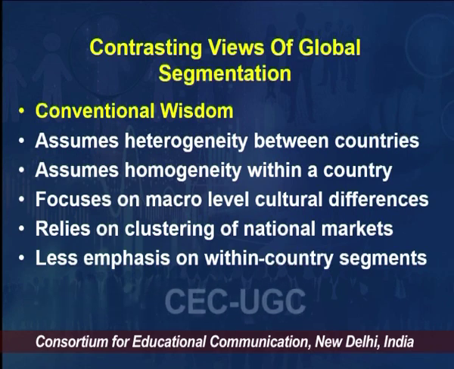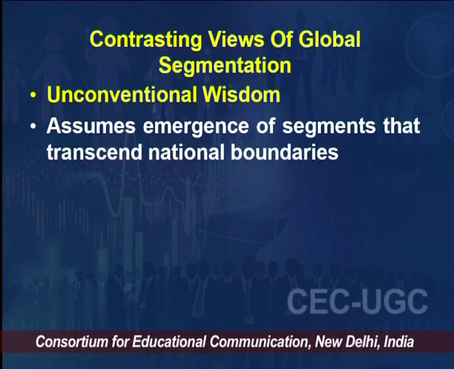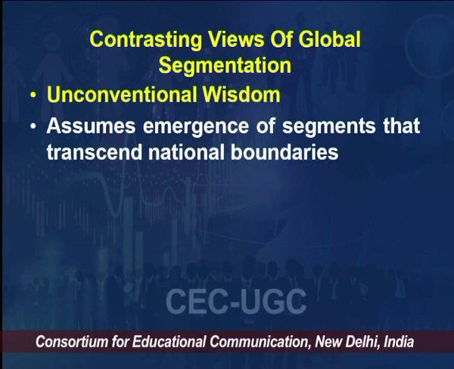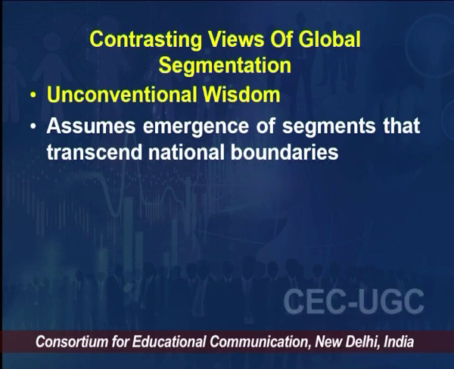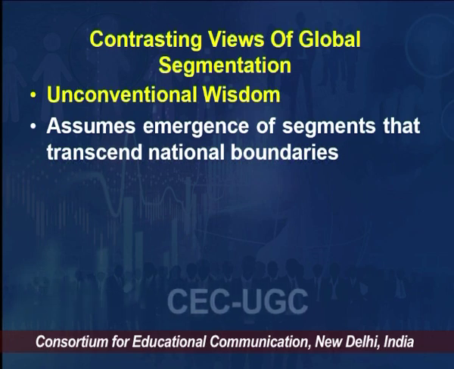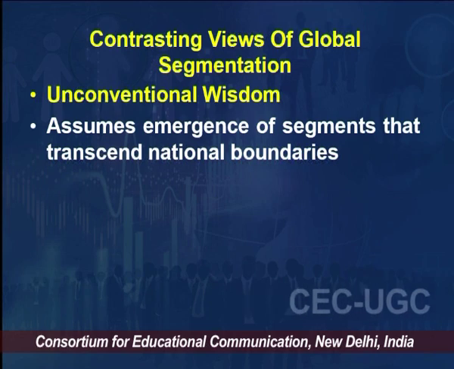If we talk about unconventional wisdom, it is very much opposite to what we have discussed so far in the case of conventional wisdom. Their assumption is the emergence of segments which transcend national boundaries. They talk about the emergence of a segment of the market which is no more confined to the four walls of your country or its geographical boundaries.